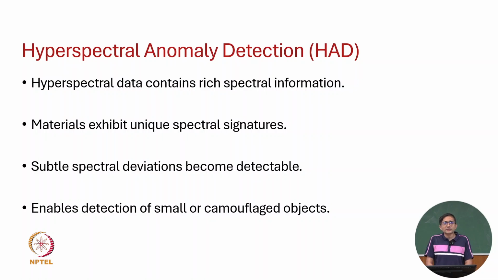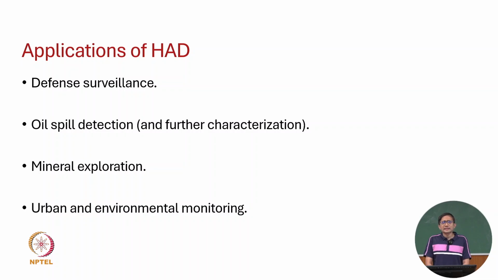Hyperspectral anomaly detection exploits the rich spectral information in the hyperspectral data and the property that materials generally exhibit unique spectral signatures, and thus subtle spectral deviations become detectable. This enables detection of small objects or some kind of camouflaged objects. Thus, hyperspectral anomaly detection has strong application in defense surveillance.